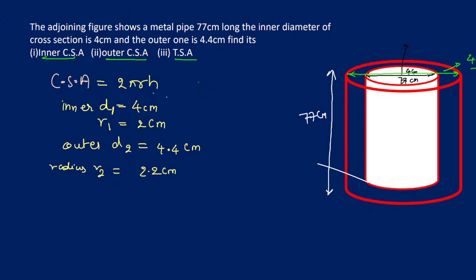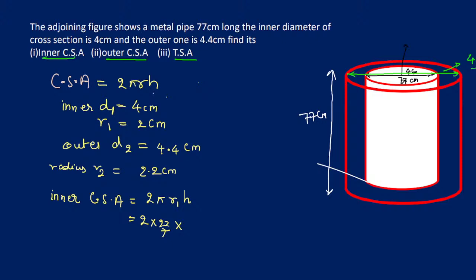So now you are calculating the inner CSA, inner curved surface area. If you are calculating, R1 for the inner and R2 for the outer, h is the same. Then 2 multiplied by pi is 22 by 7 into what is R1?